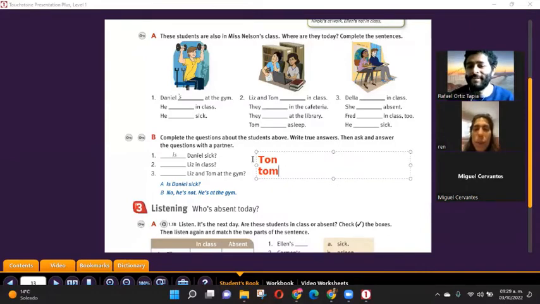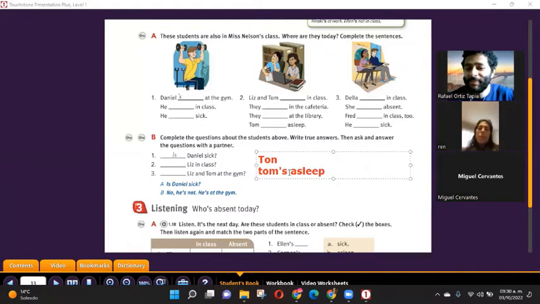Tom is asleep. Tom's asleep. You could say that one. Tom's asleep.